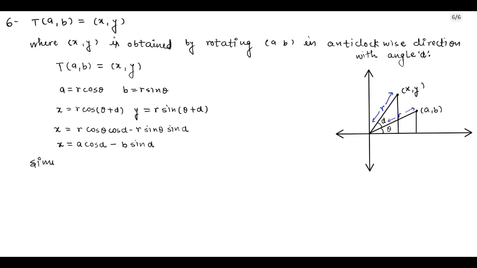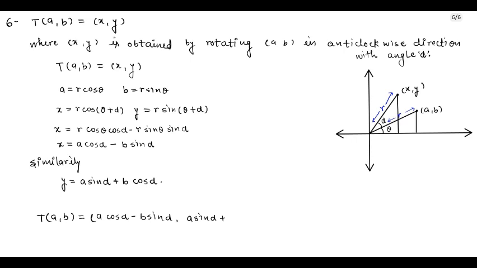Similarly, y is equal to a sin alpha plus b cos alpha. So hence the transformation T of (a, b) is equal to (a cos alpha minus b sin alpha, a sin alpha plus b cos alpha), right?